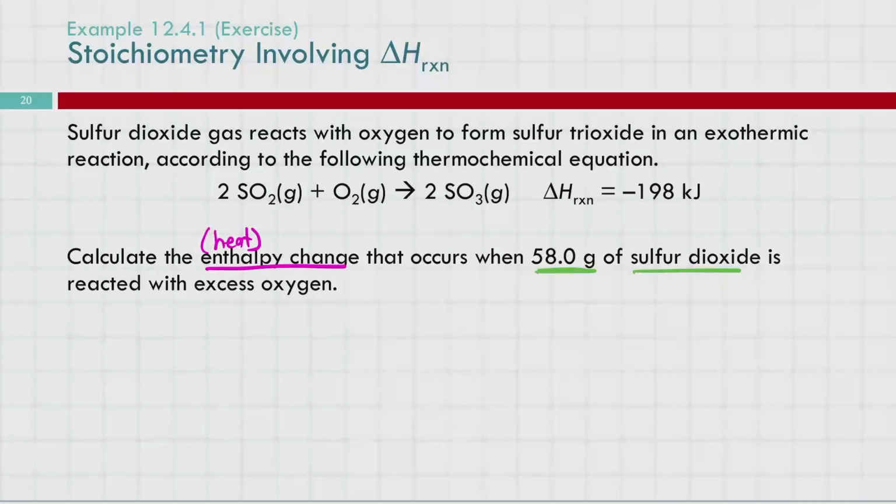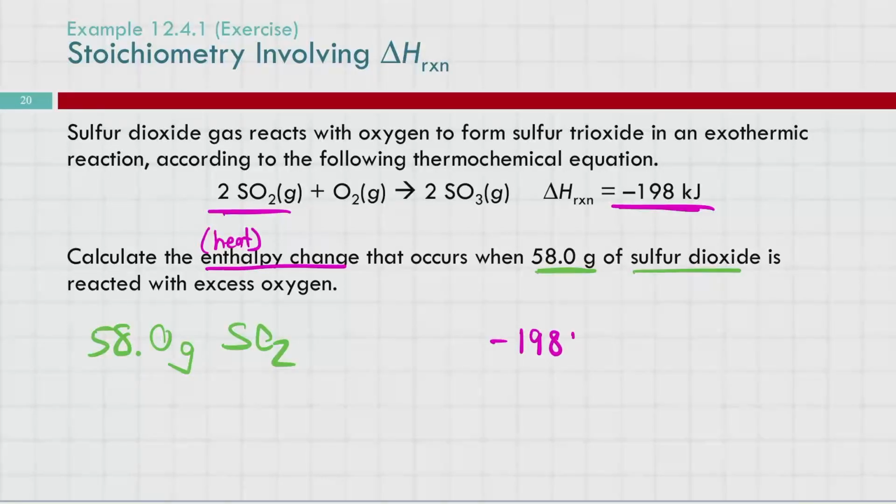So we are going to be using this 58 grams SO2 to find kilojoules. We need something that relates kilojoules and SO2, and we've got this conversion factor that we can make, negative 198 kilojoules for every 2 moles SO2 that reacts.